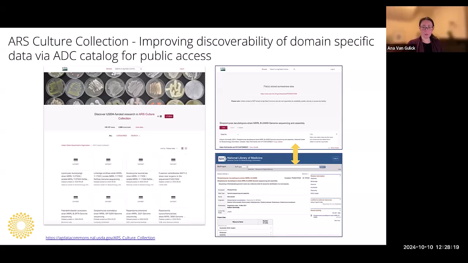And so this is a really good example of that cataloging record. You can see at the top right, that catalog in Ag Data Commons, and then the same data set listed in NCBI. This allows for cross-domain data exposure, minimizes the need for duplication and manual metadata creation, but allows for public access compliance and broad discoverability in the appropriate subject-specific repositories.